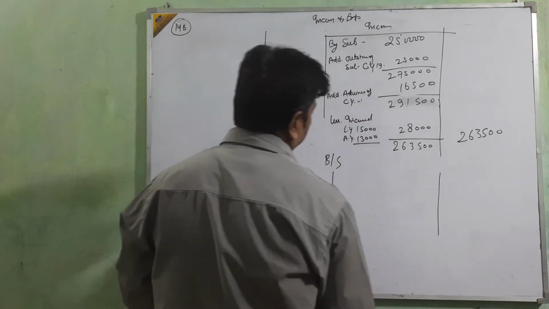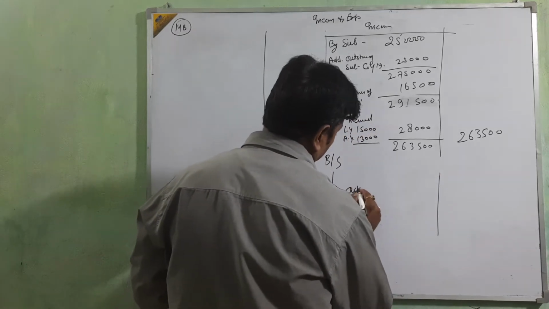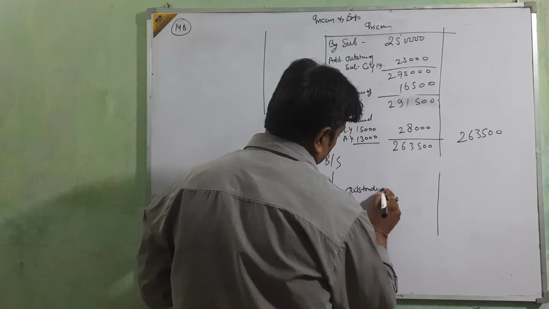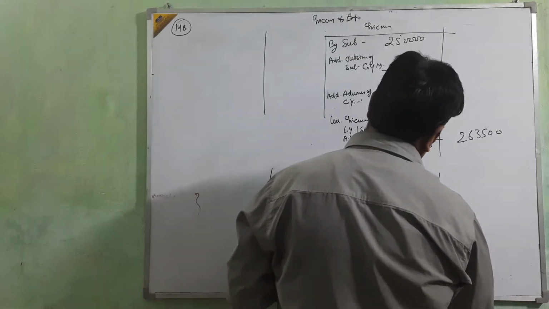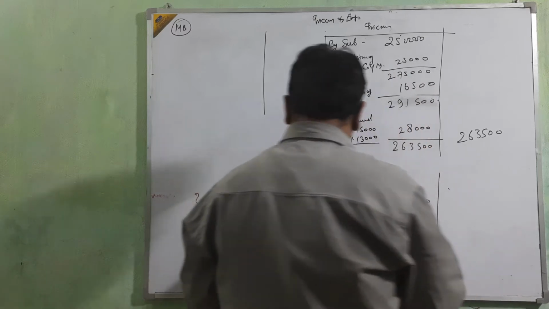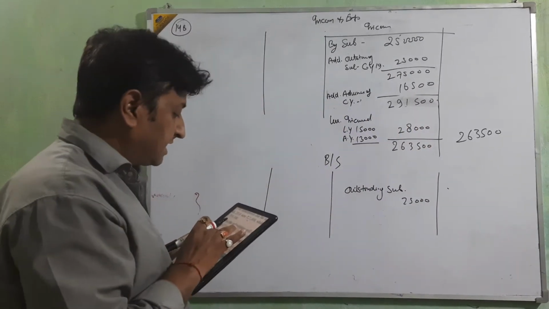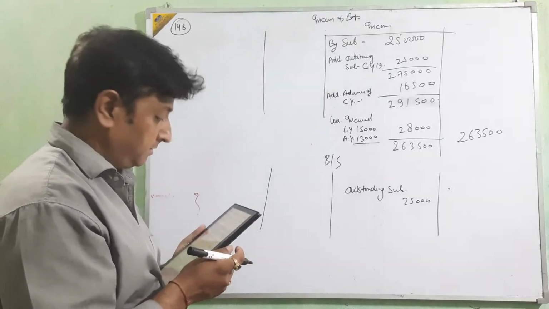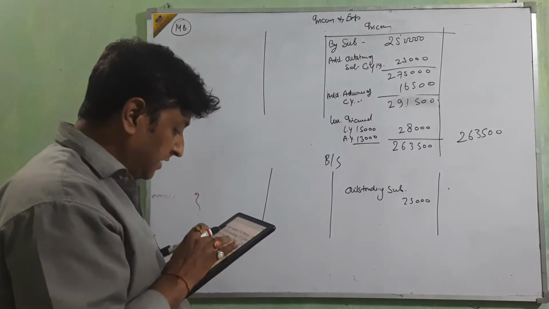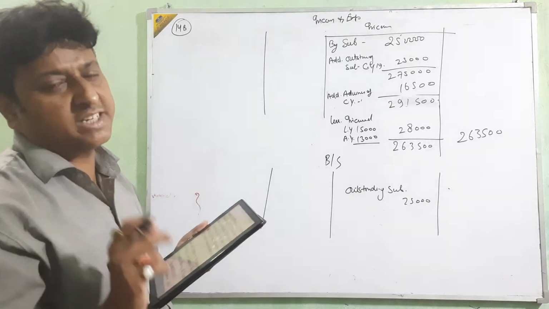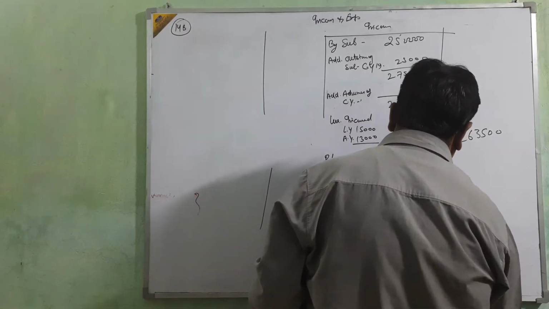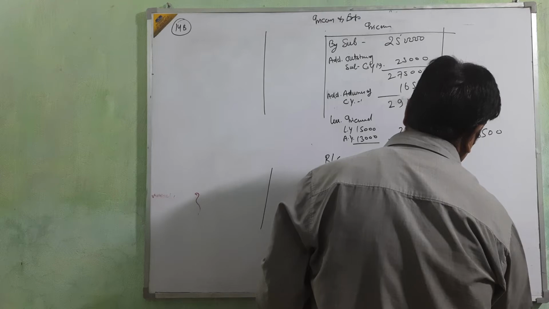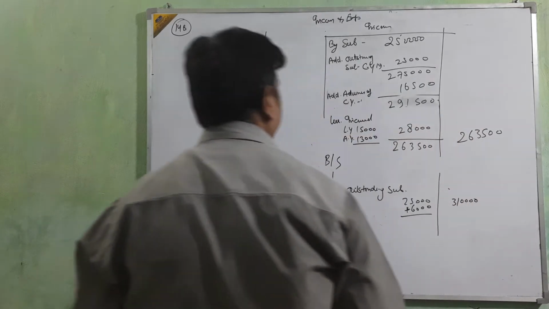Okay, in the balance sheet, outstanding subscription for current year, it's 25,000, beta, and last year's subscription outstanding 21,000. In this we received 15,000. It means 6,000 remaining, so that 6,000 is added here. Then it's 31,000. Okay, beta.